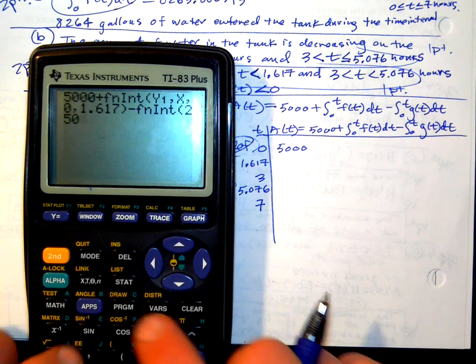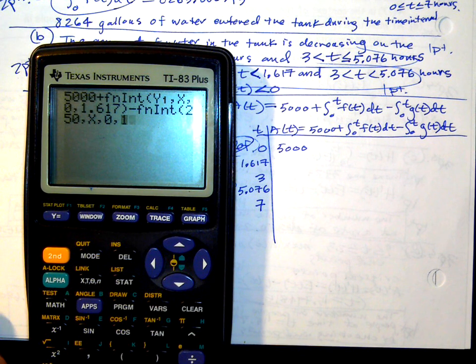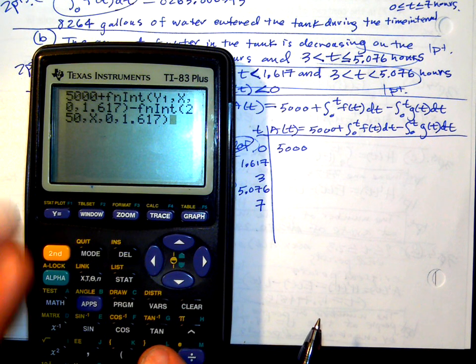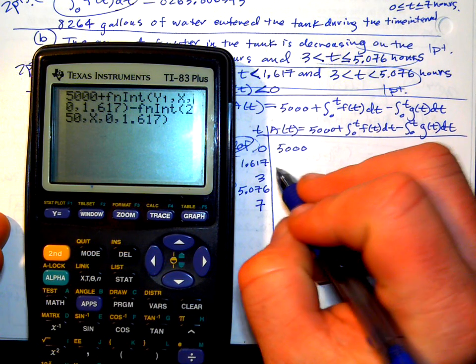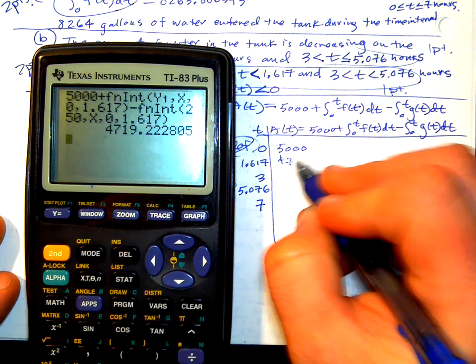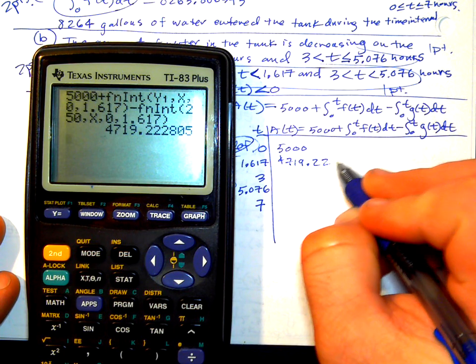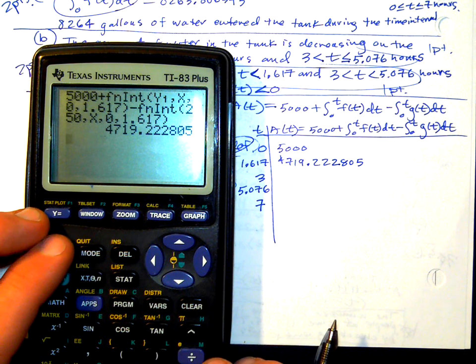It's 250, comma, x, comma, 0, comma, 1.617. That gives $4719.2222805.